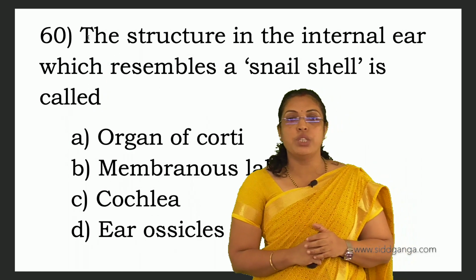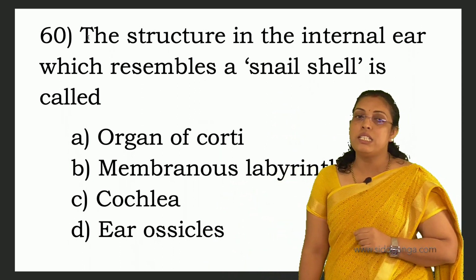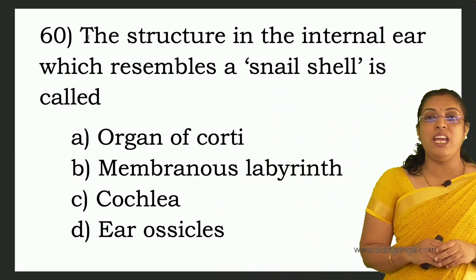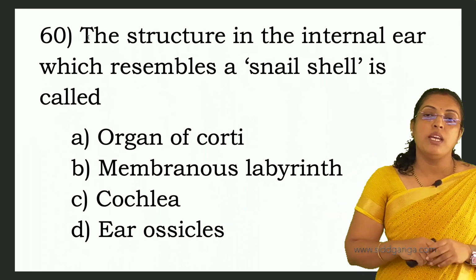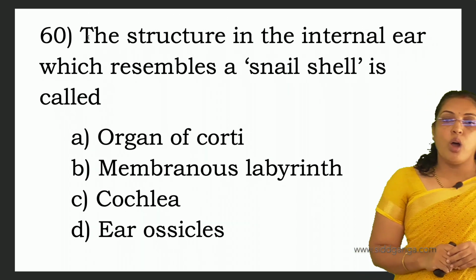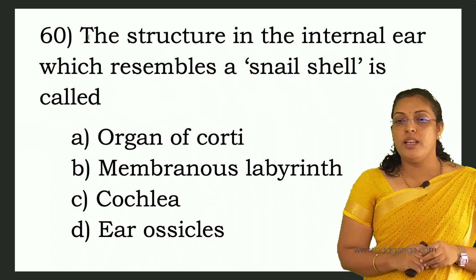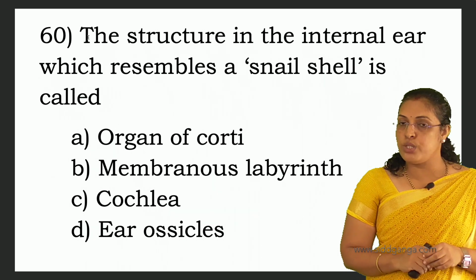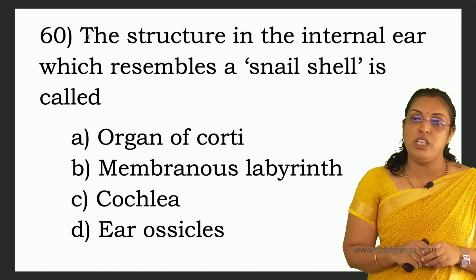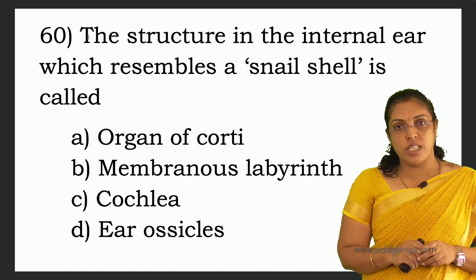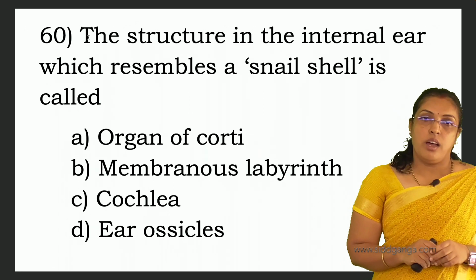The last question: the structure in the internal ear which resembles a snail shell is called: organ of Corti, membranous labyrinth, cochlea, ear ossicles. So in the ear, the cochlea resembles a snail shell. So for 60th, C is the answer.